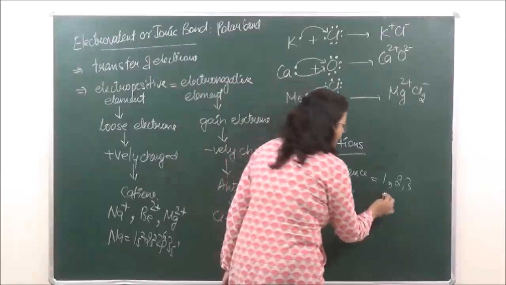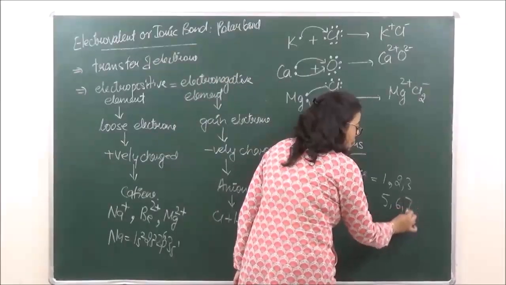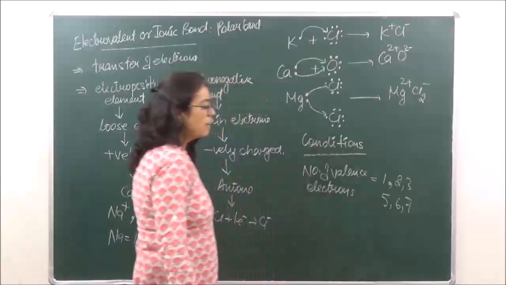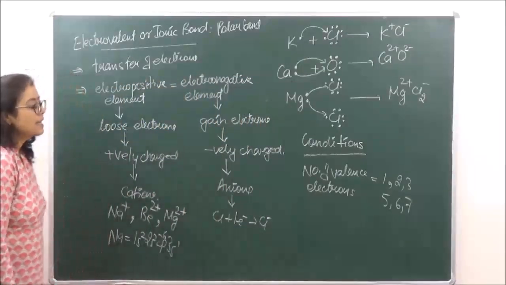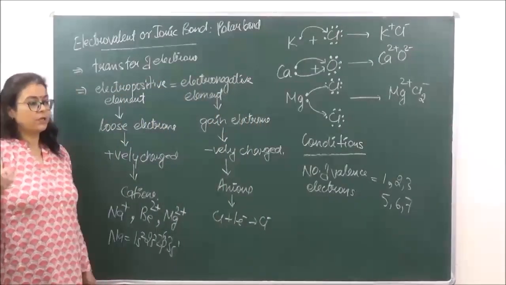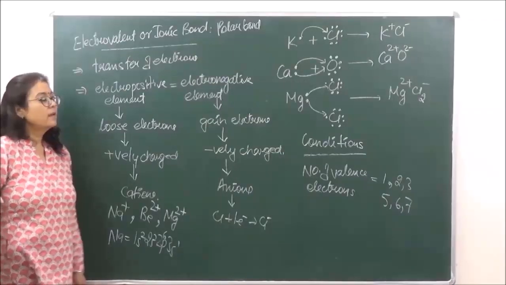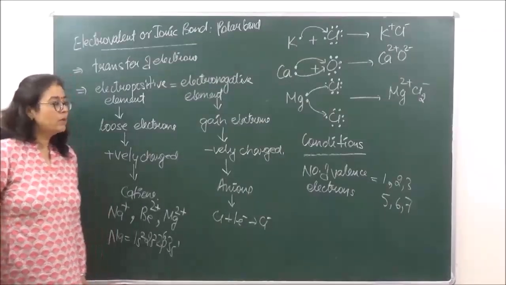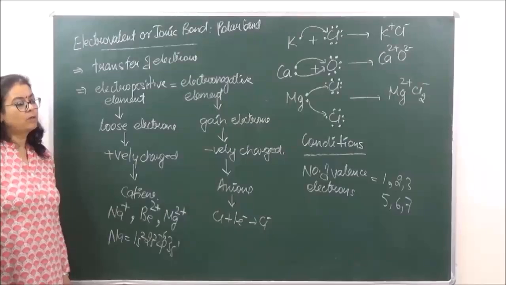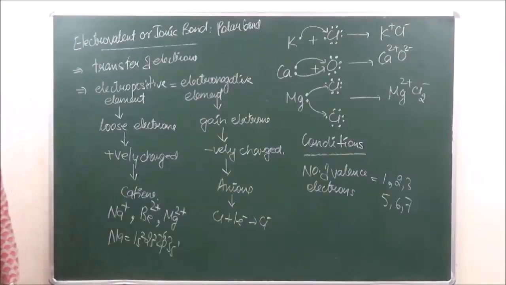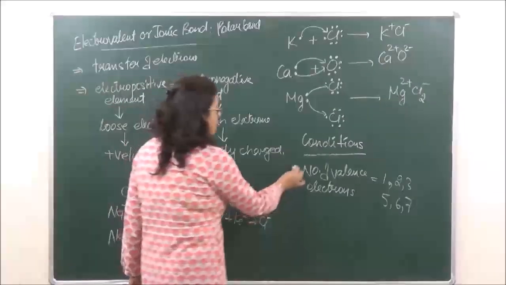Or they should have 5, 6 and 7 valence electrons. If 4 valence electrons are present, as in the case of group 14 of the periodic table, they preferably form covalent bonds rather than forming ionic bonds, right? So they should have valence electrons of 1, 2 or 3 or 5, 6 or 7. Clear?